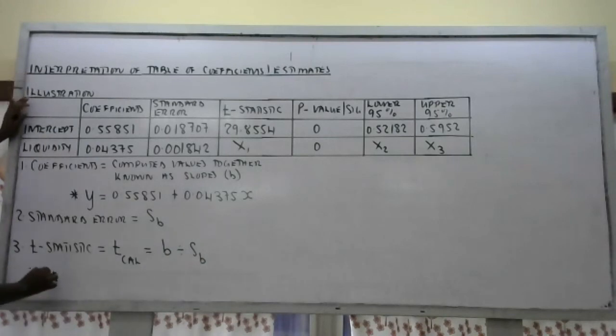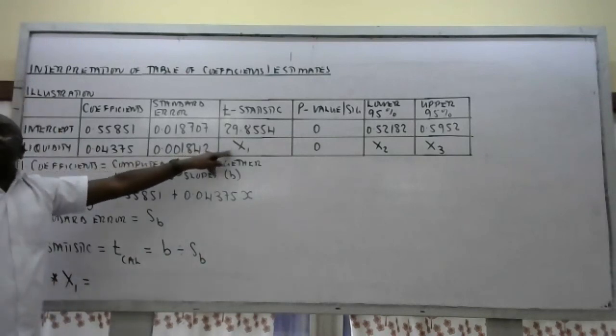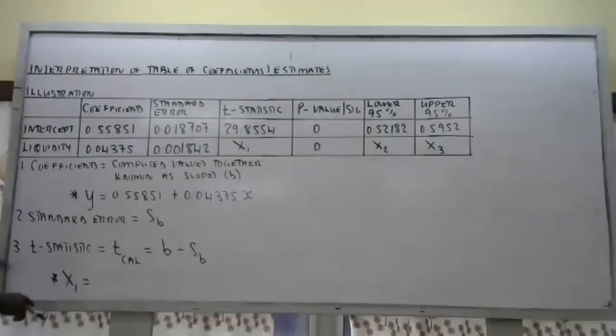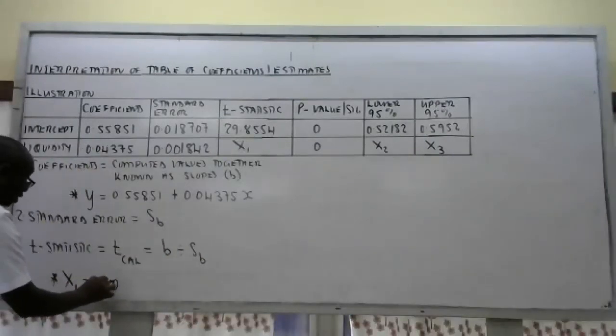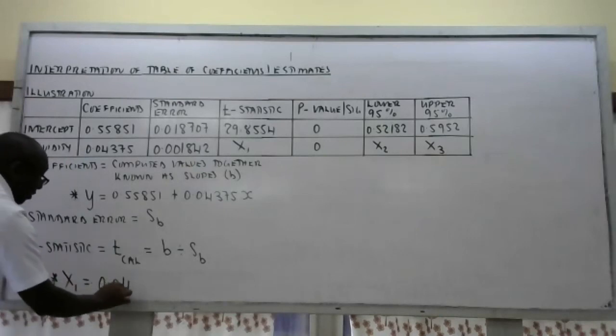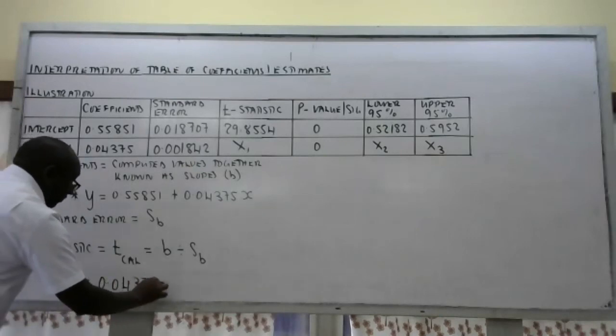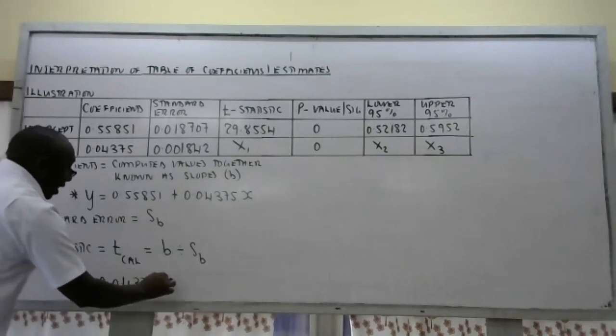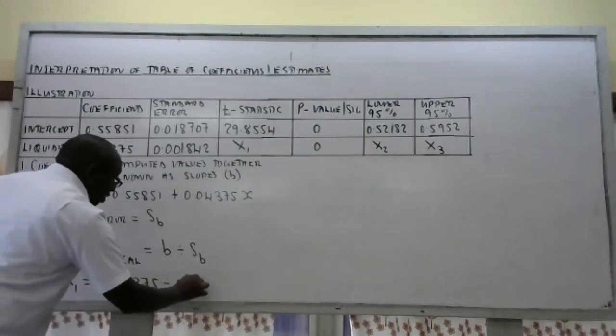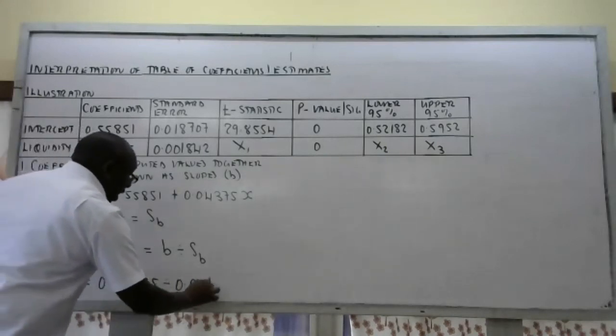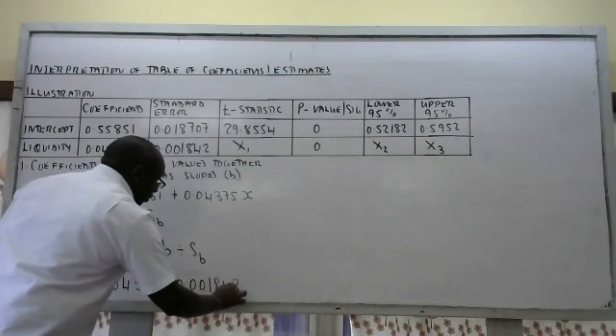So consequently, this X1 that is missing should be arrived at as B, being 0.04375, you divide by 0.00184.